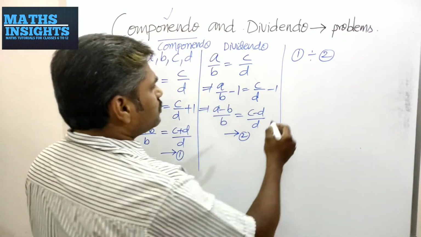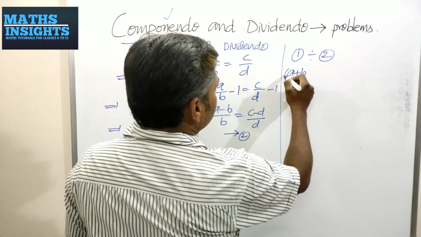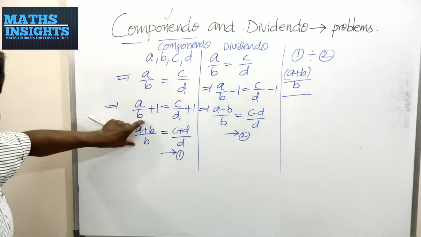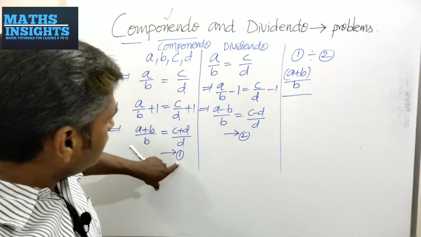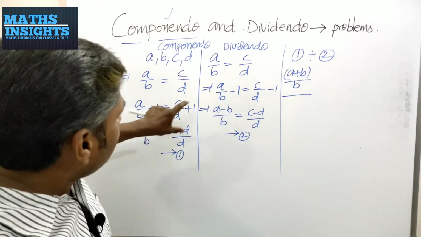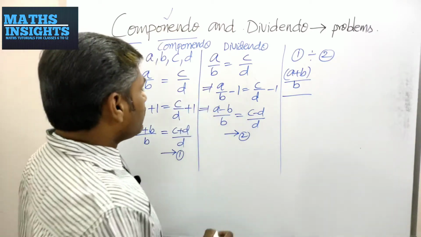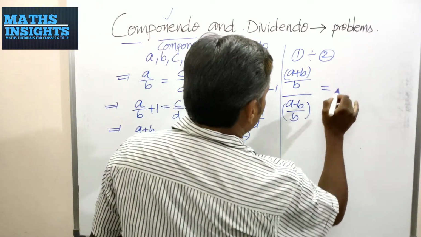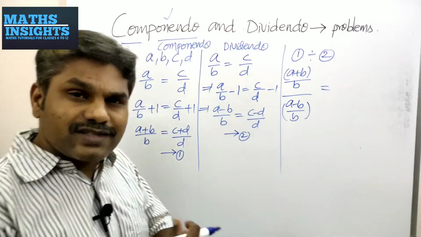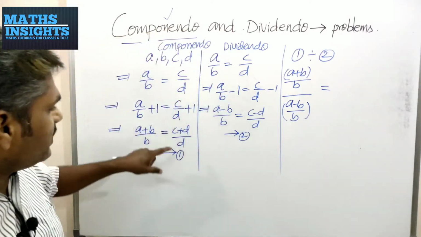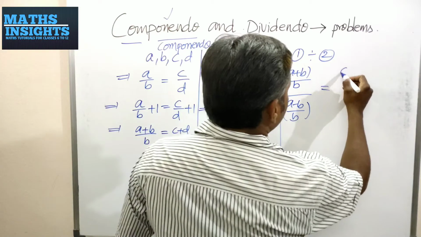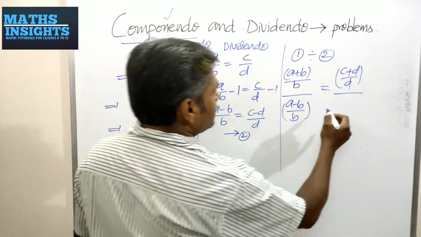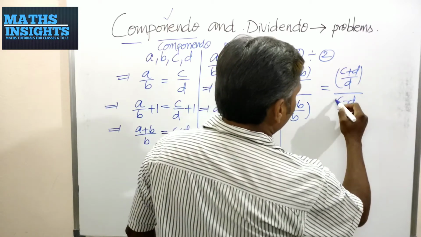Very simple. On the LHS, (a plus b) by b, which is the LHS of equation 1, I divide by the LHS of equation 2, which is (a minus b) by b. The RHS is (c plus d) by d divided by (c minus d) by d.